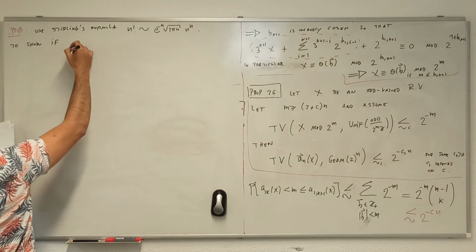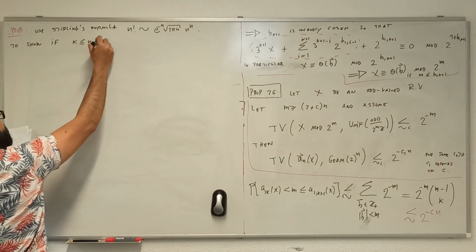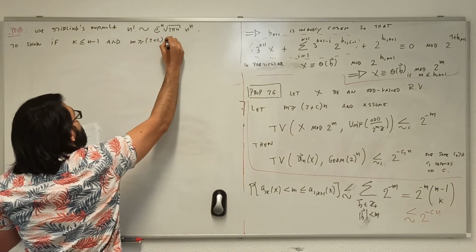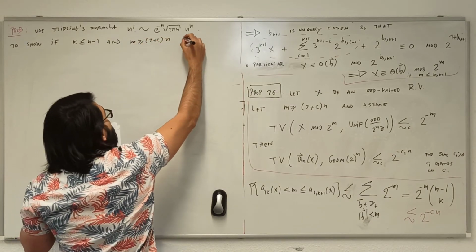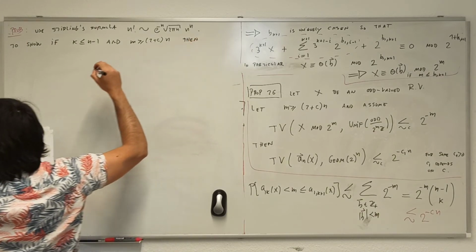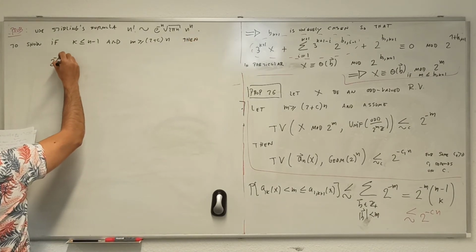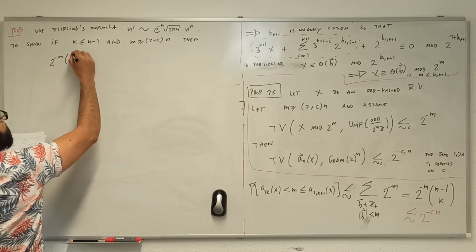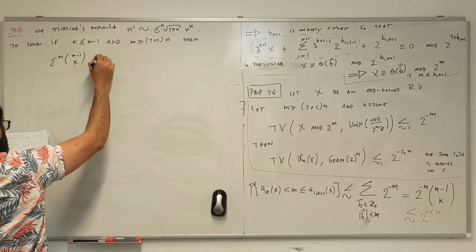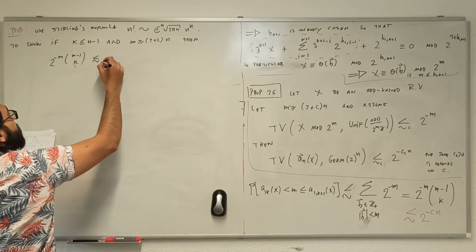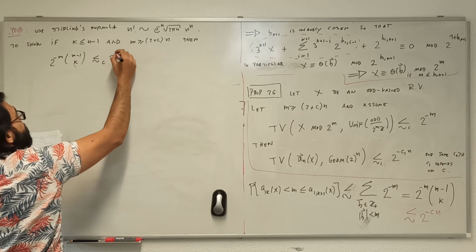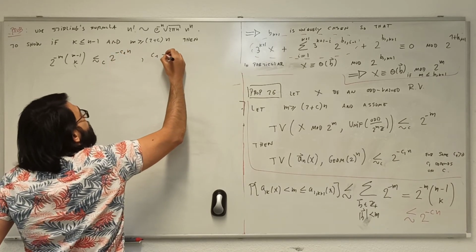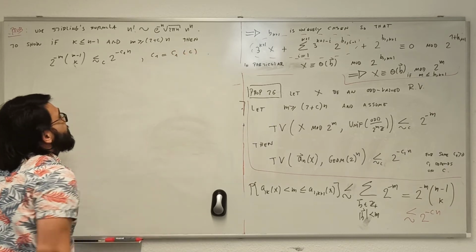show that if k is less or equal than n minus 1 and m is greater or equal to 2 plus c n, then 2 to the minus m times the binomial of m minus 1 choose k is something that can depend on the c here, 2 to the minus c1 n, where c1 can depend on c.